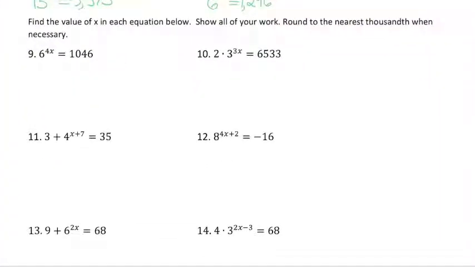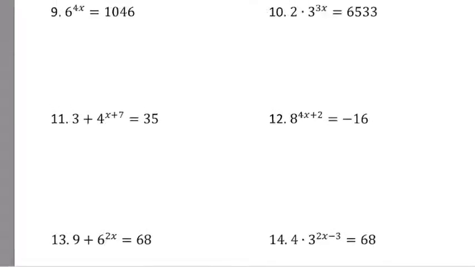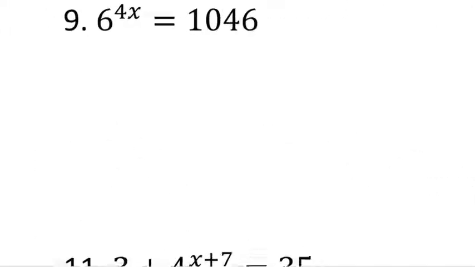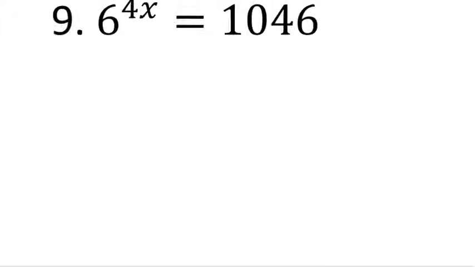Now, 9 through 14, we are having to solve for something. That x is there, so we have to figure out what x equals. So this is where Desmos is going to come in handy. We're first going to take this exponential form and change it into log form.